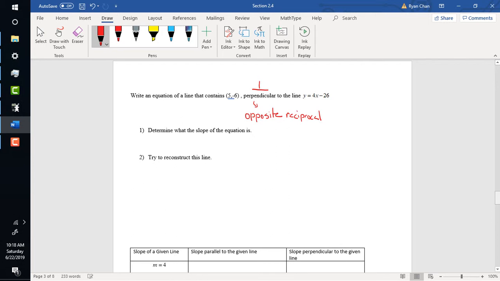My slope is 4. My new slope is the opposite reciprocal, so opposite sign, so it'll be negative since my original is positive. Since 4 is 4 over 1, I flip it over, and this is negative 1/4.